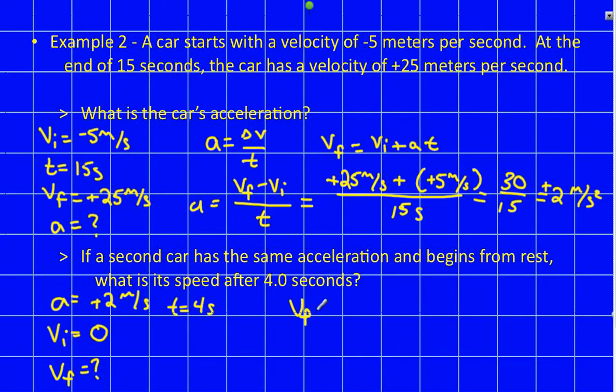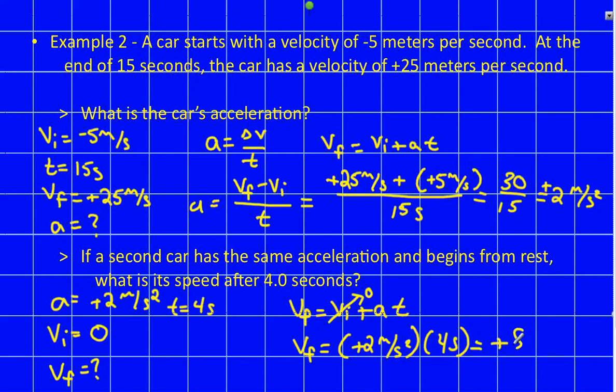So I have VF equaling VI plus AT, and VI is 0, so I can cancel that off right off the bat. The final velocity is the acceleration of plus 2 meters per second squared times 4 seconds. So 2 times 4 is 8. We get a positive 8 meters per second.